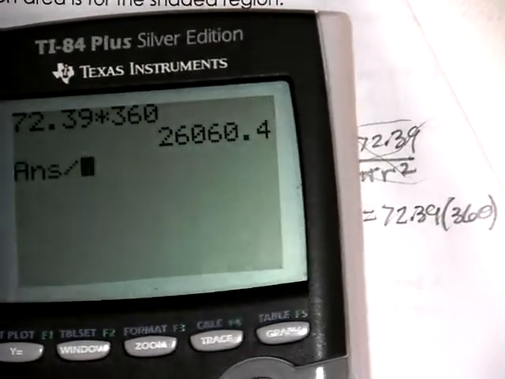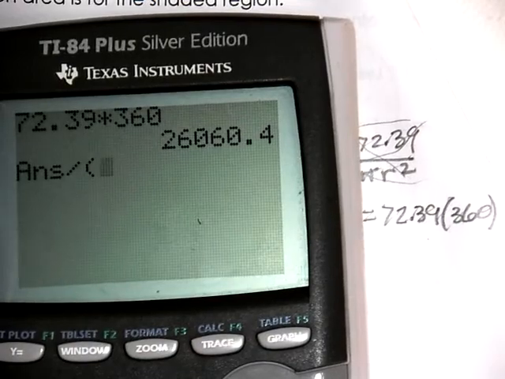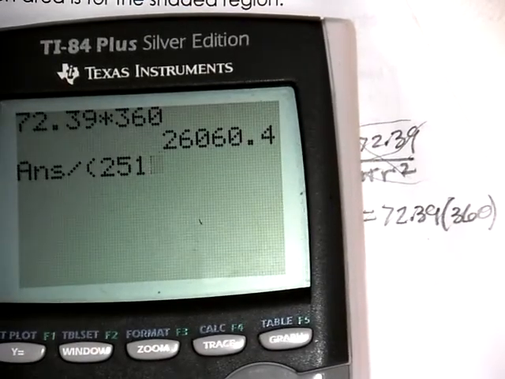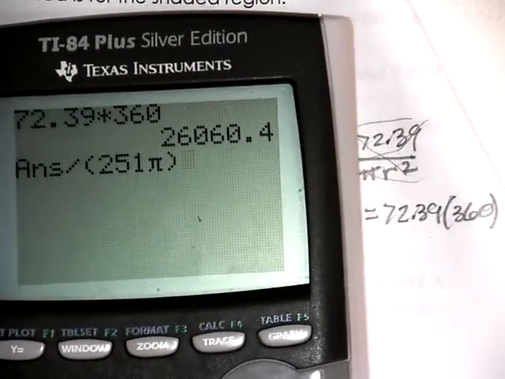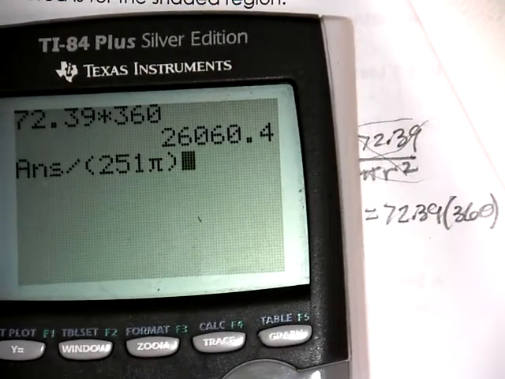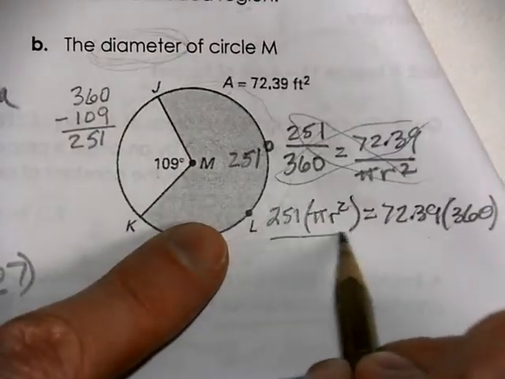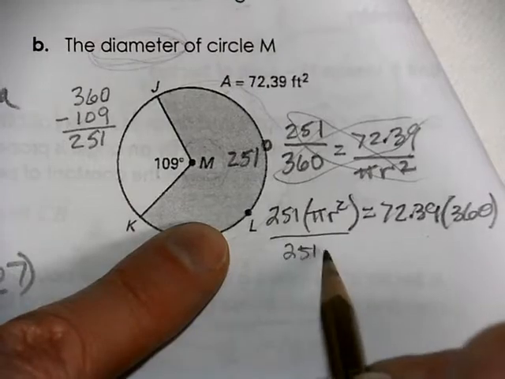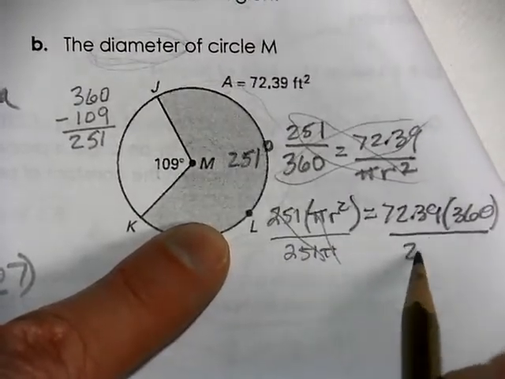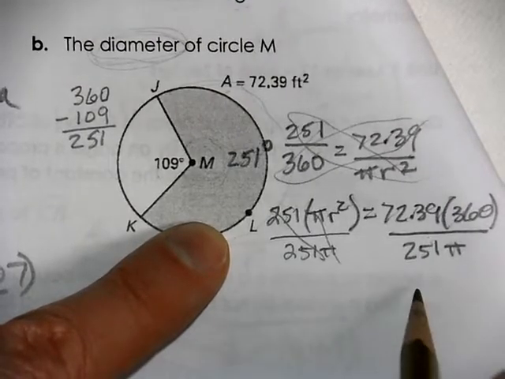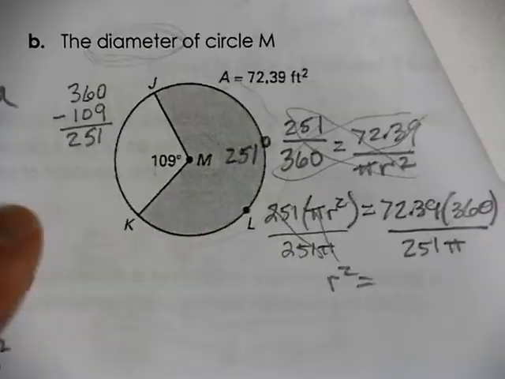And then we're going to divide that by, we have to use parentheses, 251 pi. We're going to divide it by 251 pi because over here we're going to take our 251 pi and divide that out on both sides. So now we're left with just the r squared.